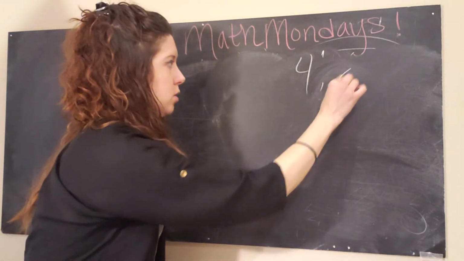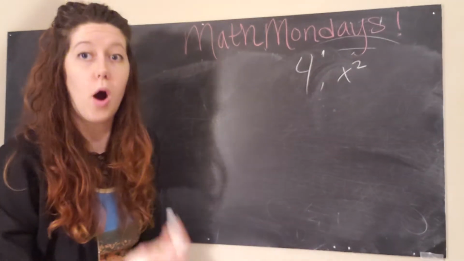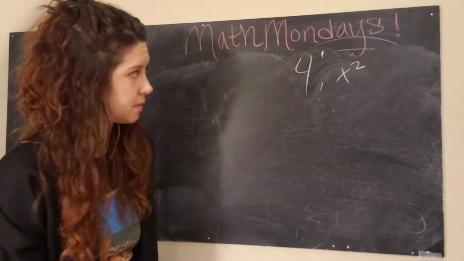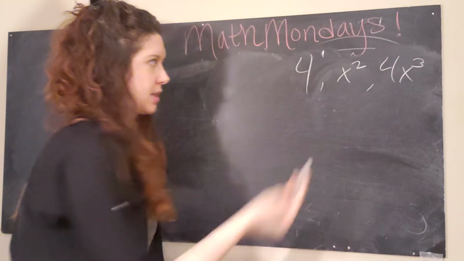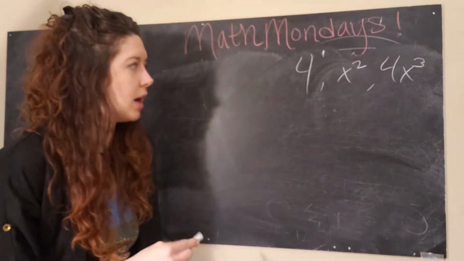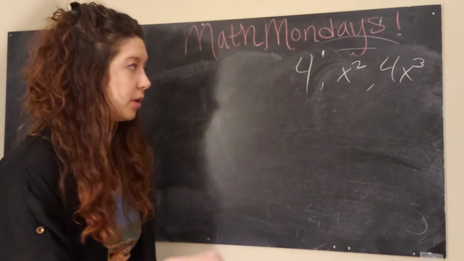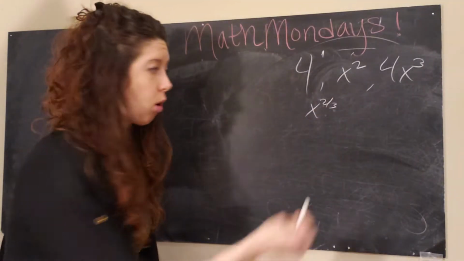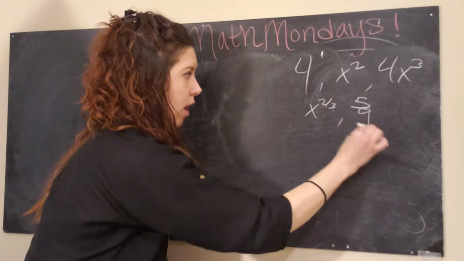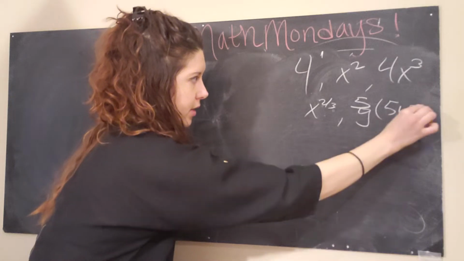Another type of monomial are variables with positive integer exponents. So you can have things like 4x cubed, etc. Y'all get the point, hopefully. Things that are not monomials are things like x to the 2/3, or 5 over y, which would be 5 times y to the -1.